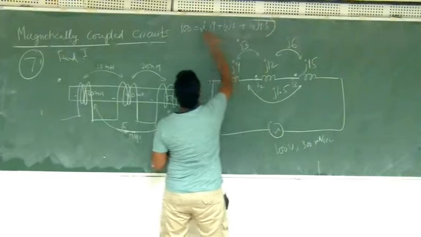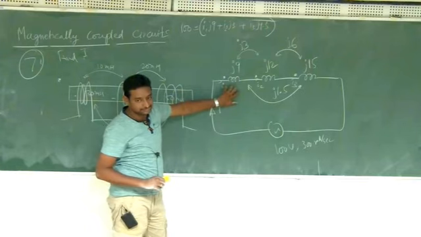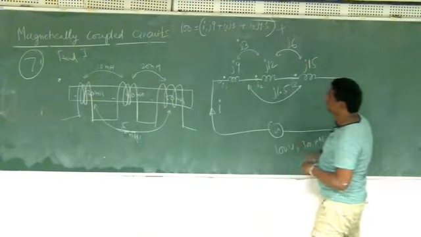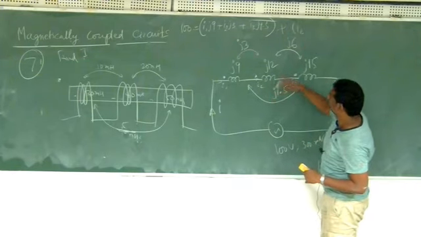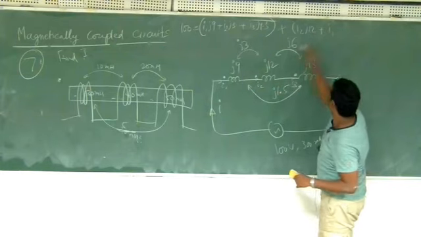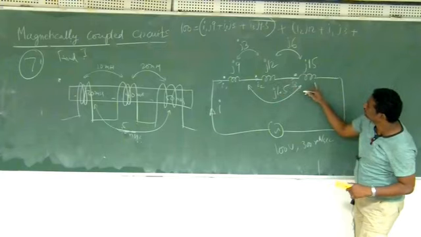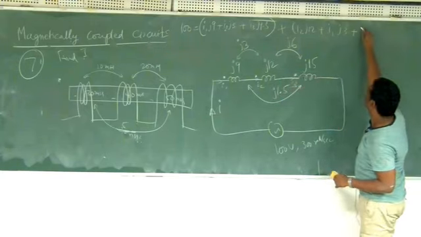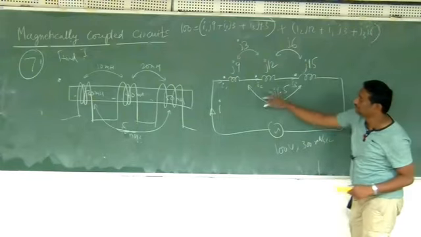So this whole thing is the voltage drop in the first coil, plus the voltage drop in the second coil. What is the voltage drop in the second coil? I2 into J12 plus I1 into J3 plus I3 into J6, because that is the mutual between these two. This is the voltage drop in the second coil.